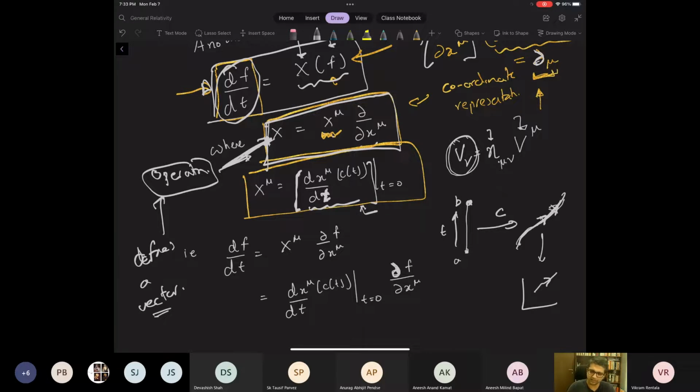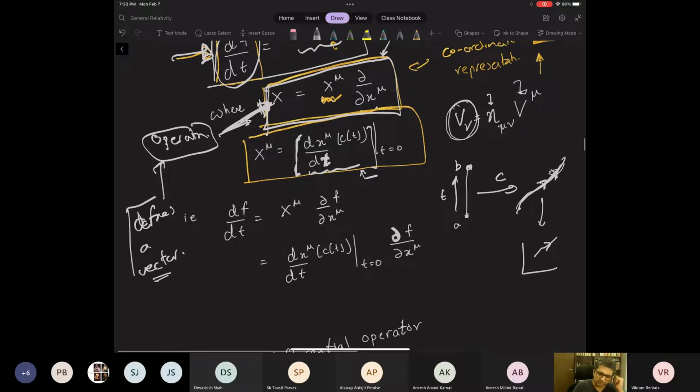For any smooth function f, as long as you can differentiate that function f, you can apply this operation to it and get things like df/dt. So this operation itself is used to define a vector, or what is called a tangent vector.